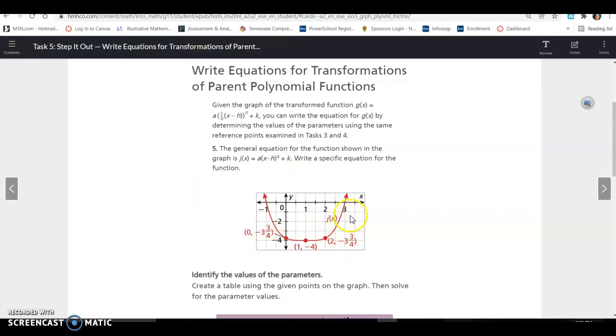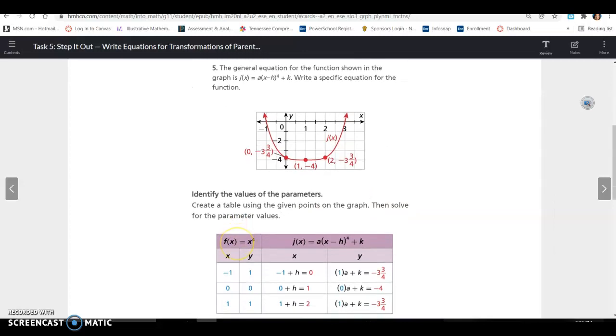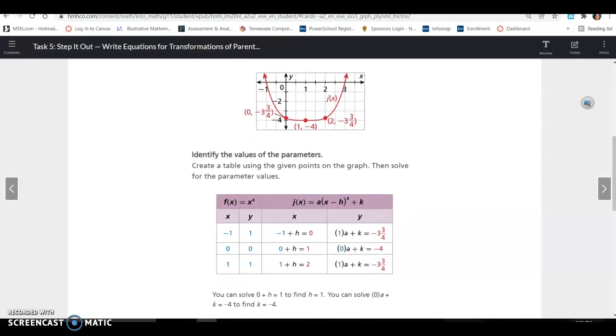So we're given these 3 reference points, and so we're just going to work backwards in order to find out what our a, b, h, and k are. All right, so it says create a table using the given points for the graph. All right, so we know our original reference points for x to the 4th are these 3 points. And we know that we can use -1 times b plus h equals, in this case, we're going to use 0 and -3 and 3/4 as our y.